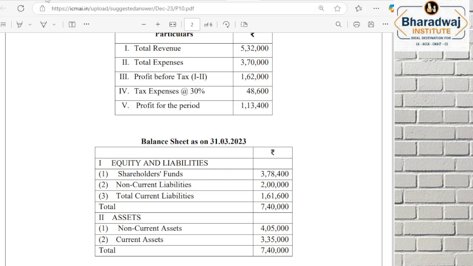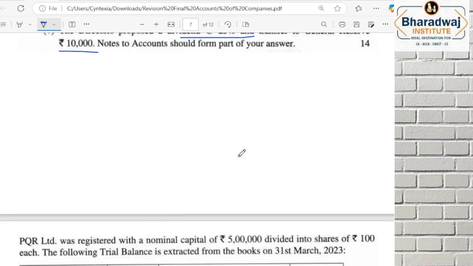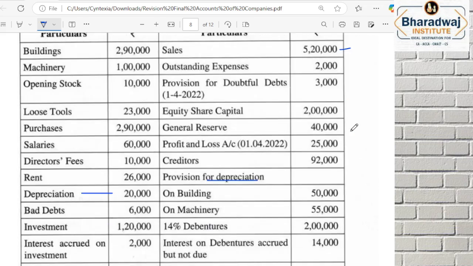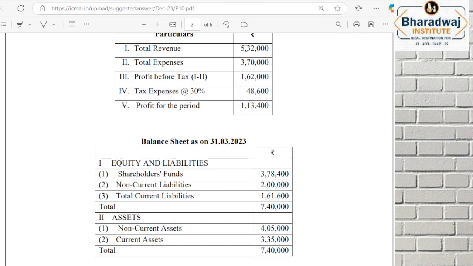This is the suggested answer for this question. Sales plus dividend receipt will give us total revenue.